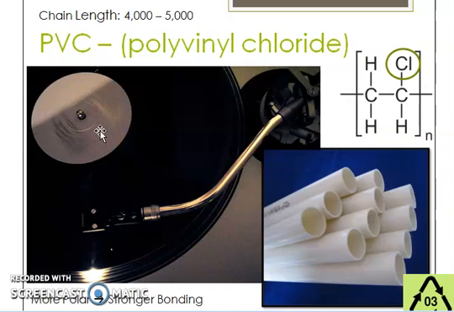Next example is PVC, polyvinyl chloride. Monomer unit is vinyl chloride. In polyvinyl chloride, chain length is generally 4000 to 5000. It is more polar and has stronger bonding as compared to polyethylenes. Mainly it is used in pipes. We have heard about PVC pipes.